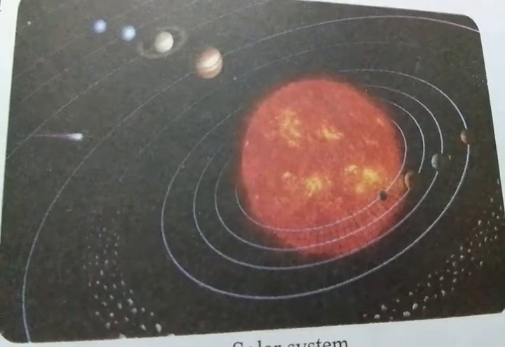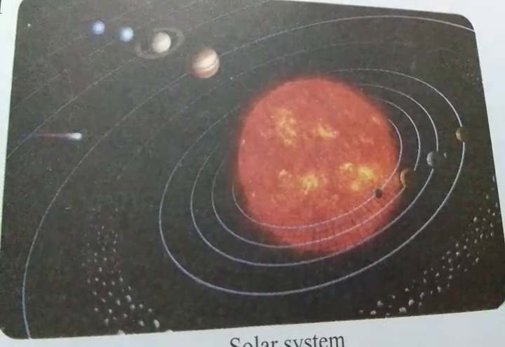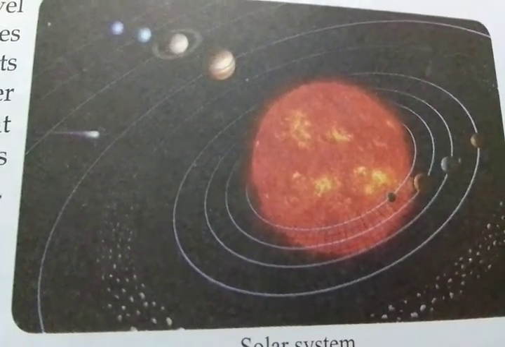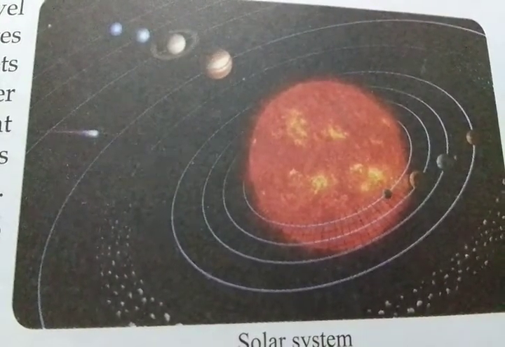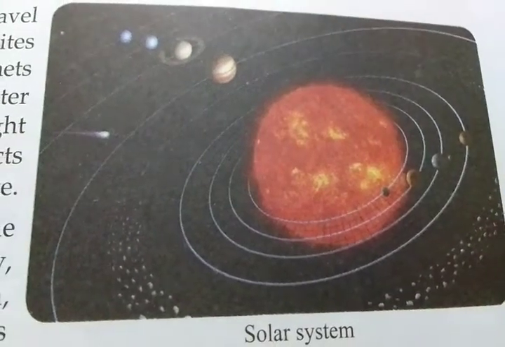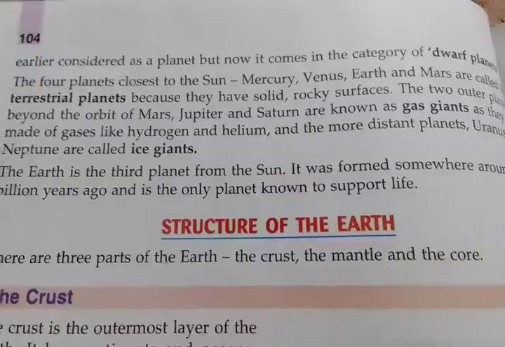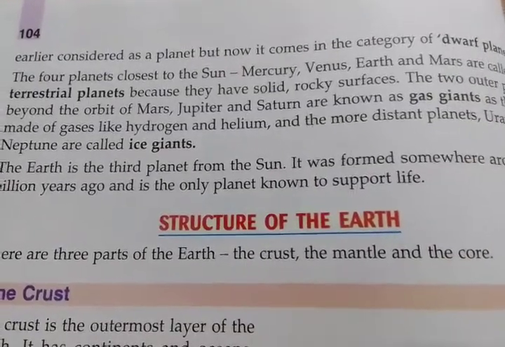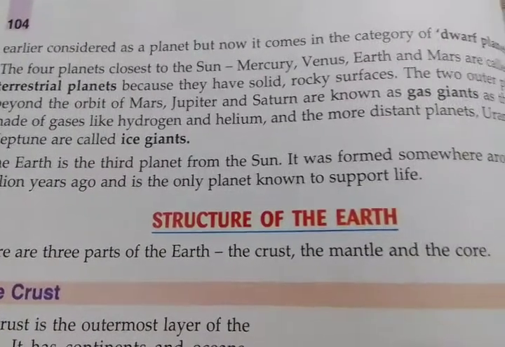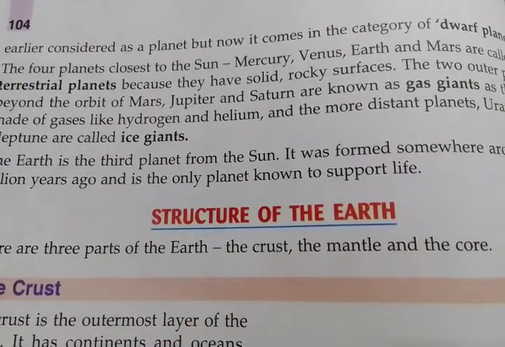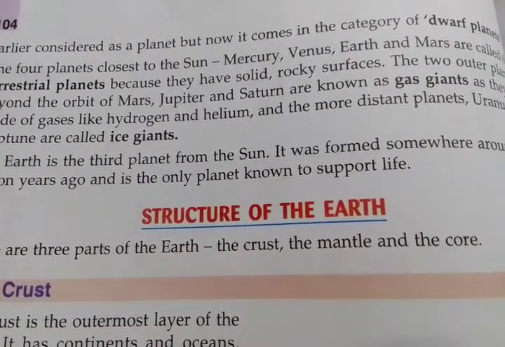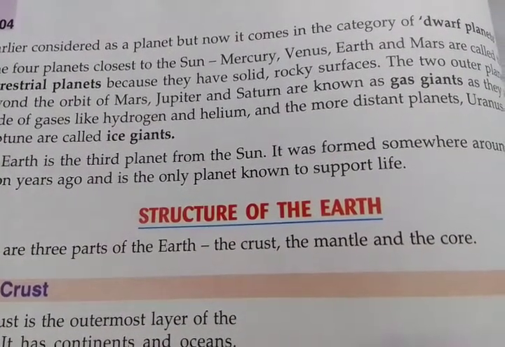These are Mercury, Venus, Earth, Mars, Jupiter, Saturn, Uranus and Neptune. And earlier Pluto was considered as a planet, but now it comes in the category of dwarf planet. Pluto is considered nowadays as a dwarf planet.